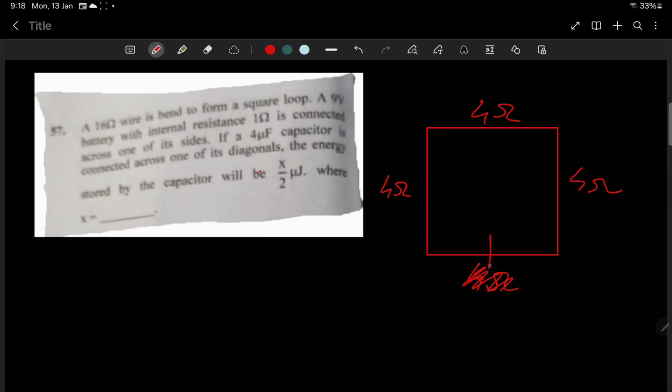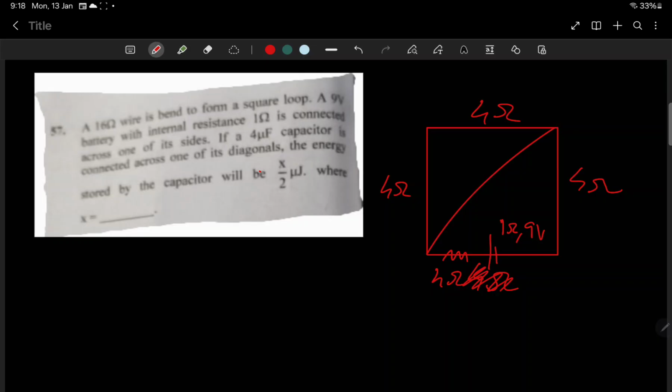One of its side, 4 ohm is here, one of its side, internal resistance 1 ohm and EMF 9 volt is connected. If a 4 μF capacitor is across one of its diagonal, so here we have a 4 μF capacitor.